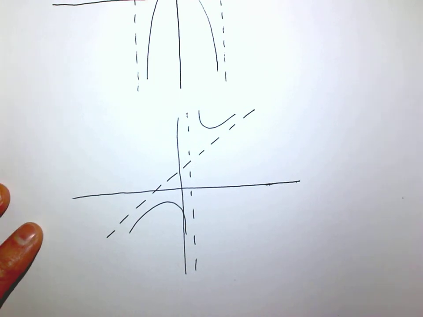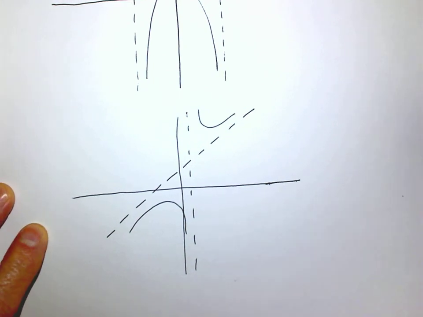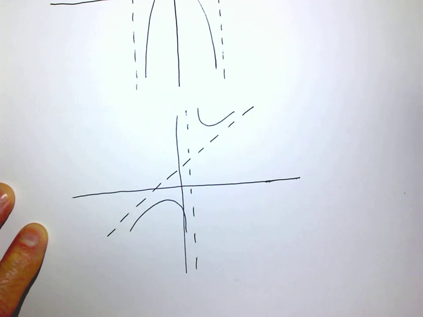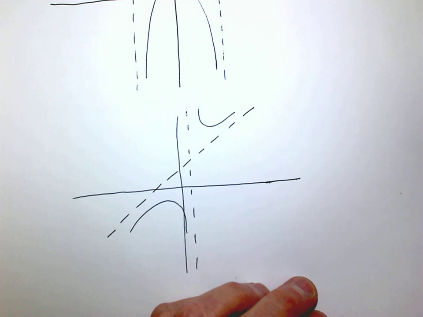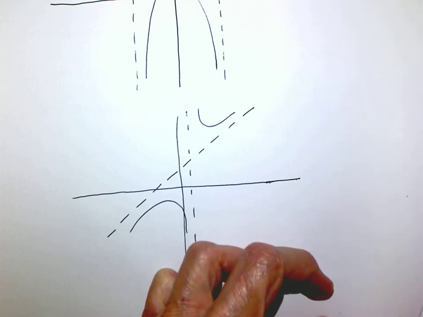So to make our graphs, it helps to have in mind some of the rules that we need to know for finding vertical and horizontal and slant asymptotes.